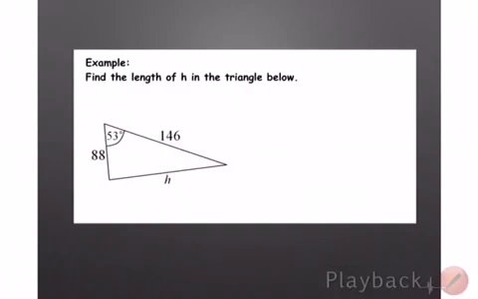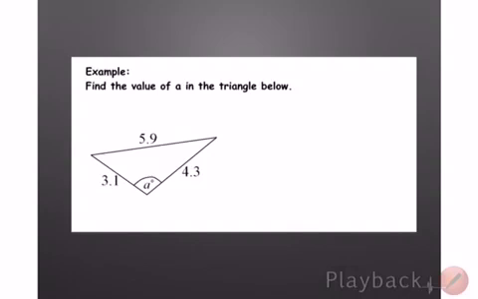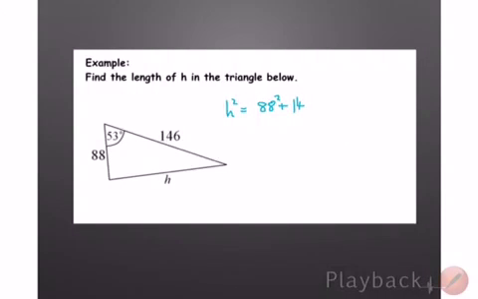So I can say that h squared is equal to 88 squared plus 146 squared minus 2 times 88 times 146 times the cos of the angle opposite the h. The angle opposite the h is 53, so don't be afraid to draw on your diagram.